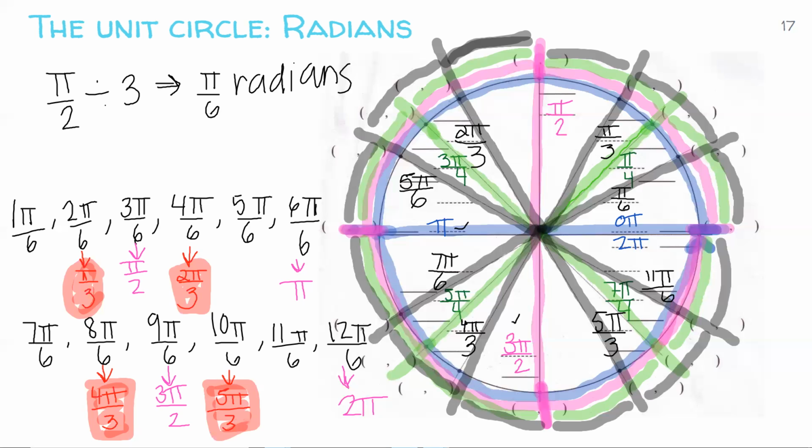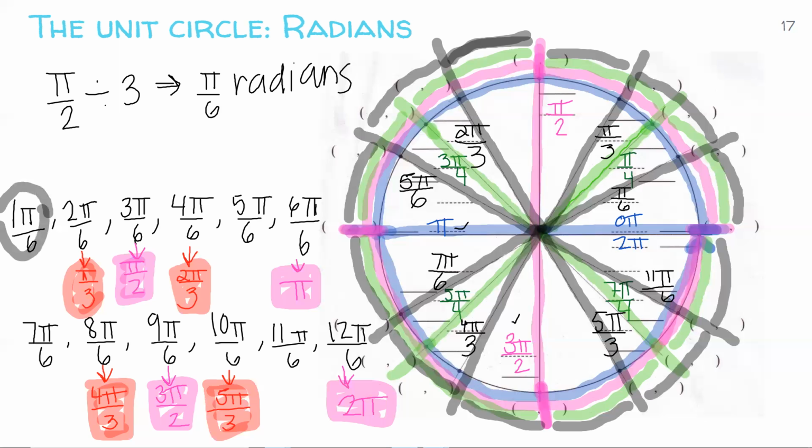So we can see that although we're really counting by pi over 6s, some of them are new and some of them are old. The quadrantal points remained the same. Those were pi over 2, pi, 3 pi over 2, and 2 pi, but all in all, we essentially are just counting by pi over 6s.